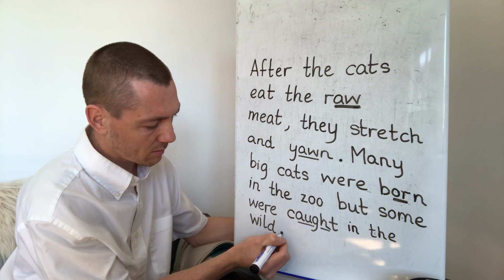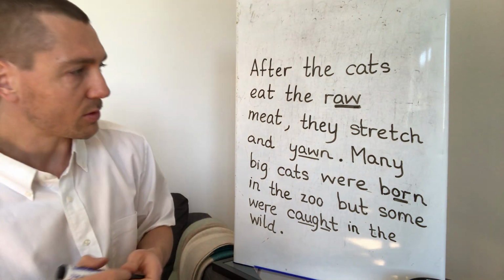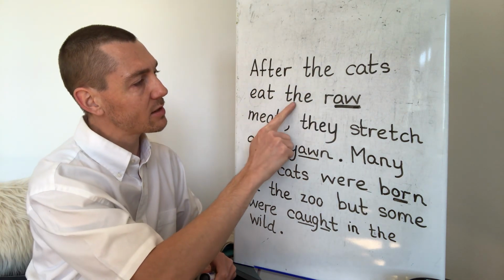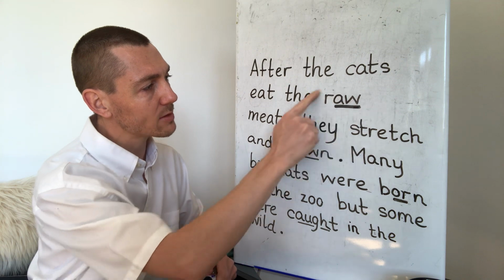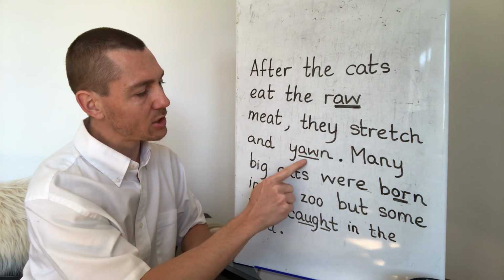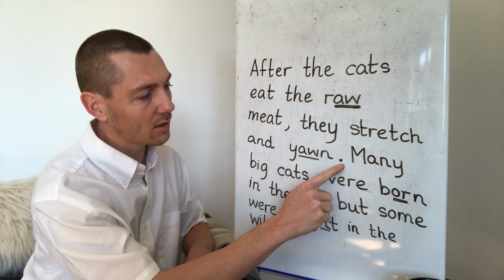Stop mark. Okay, so let's read what we've got so far. All together. After the cats eat the raw with an or sound spelling, meat, they stretch and yawn with an or spelling. Stop mark.